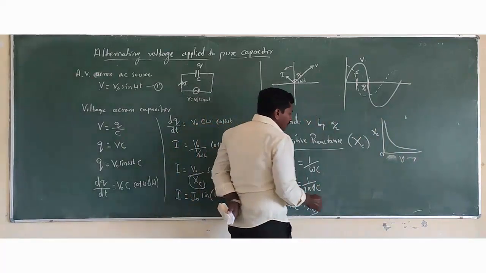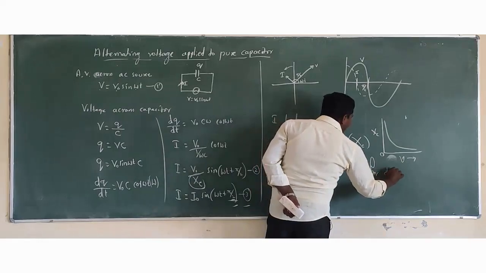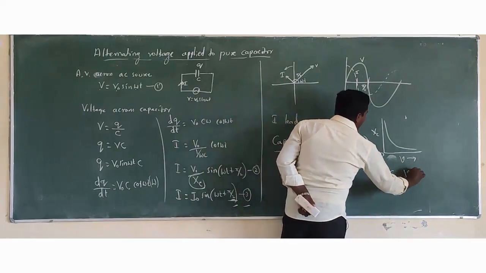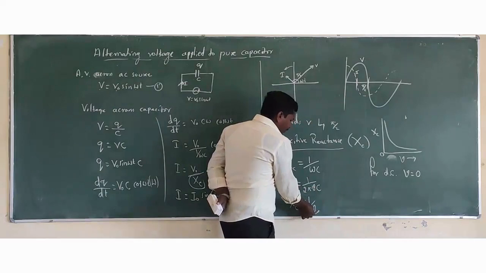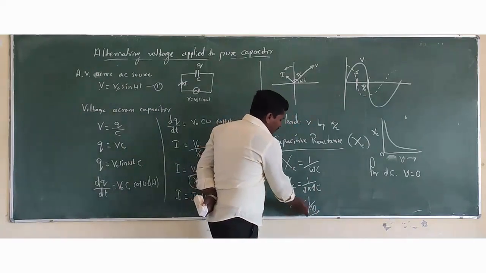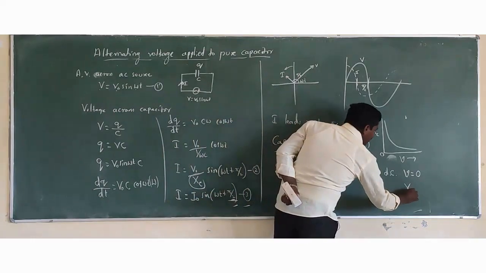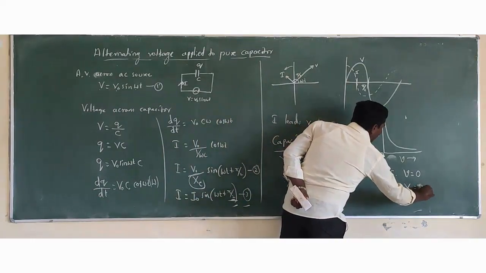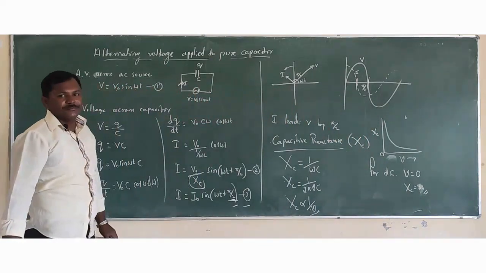And we know that for direct current or DC, the frequency is equal to 0. If the frequency is in the denominator and equal to 0, the capacitive reactance is maximum. Therefore the capacitive reactance is equal to infinity. So this represents the capacitive reactance.